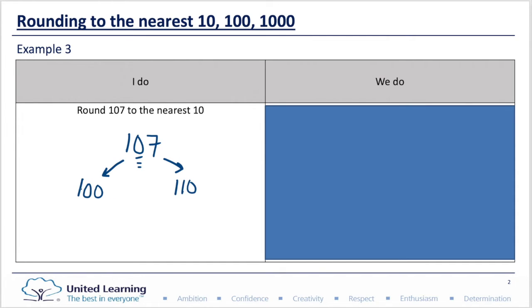Since that would be the two numbers that it could round to the nearest tens place. Now, remember we took a look at the digit that's in the place value adjacent to it, and it has to be the smaller place value, so to the right. There's a 7 there, and we know that 5 or above, you give it a shove, so this would round up to 110.